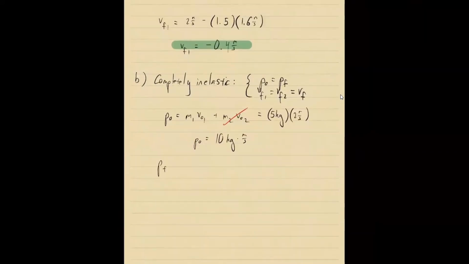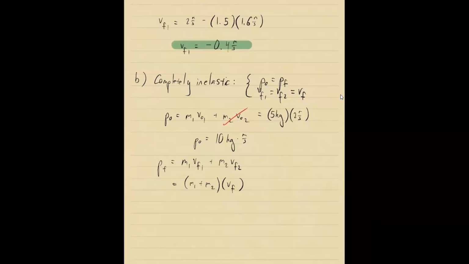And our final momentum is just M1 V1 final plus M2 V2 final. But since this is a completely inelastic collision, the final velocities are going to be the same. So this is just equal to the mass of the first ball plus the mass of the second ball times the final velocity of both of the balls together.